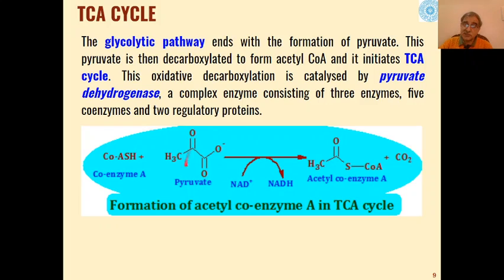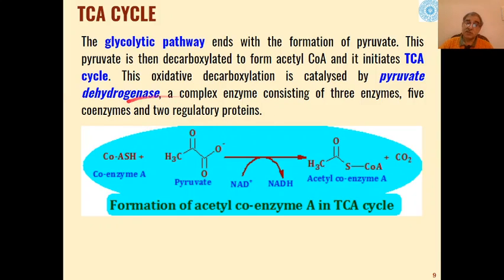So basically this will undergo decarboxylation and this acyl group will be transferred to coenzyme A and we will get acetyl coenzyme A, and carbon dioxide will be formed. And this reaction is catalyzed by the pyruvate dehydrogenase enzyme, which is a complex enzyme that consists of three enzymes, five coenzymes and two regulatory proteins.